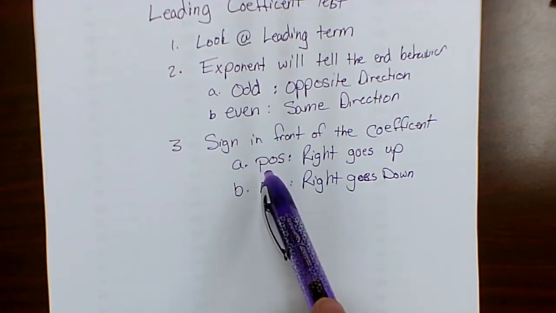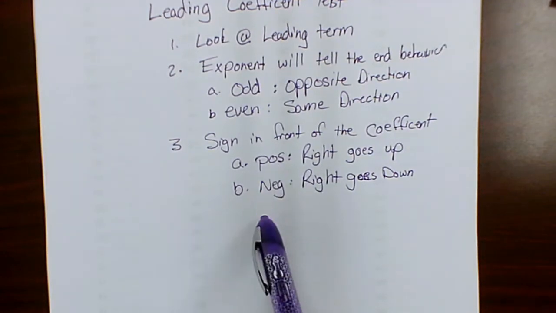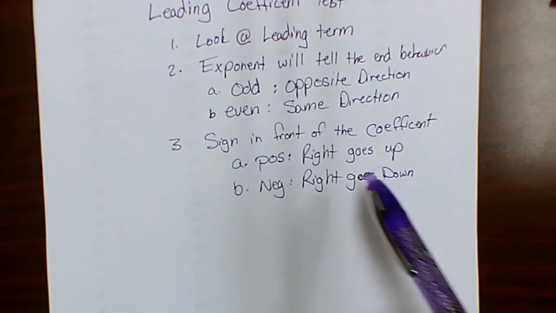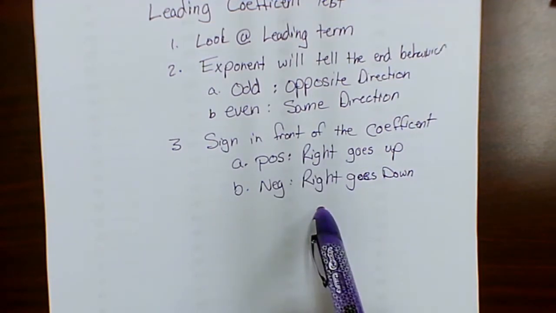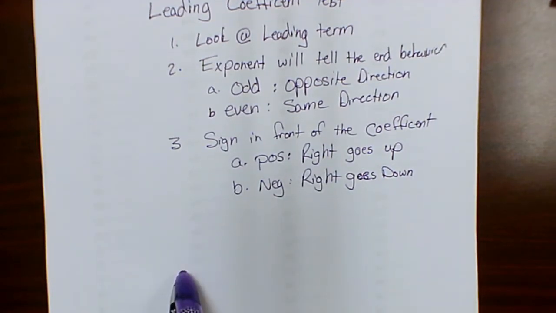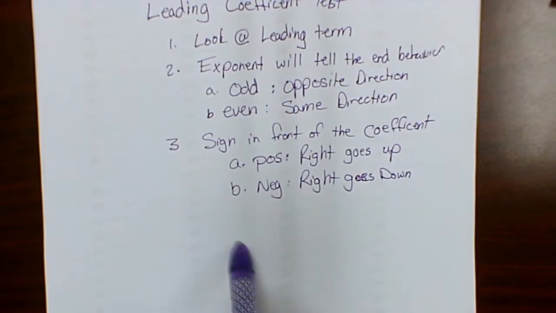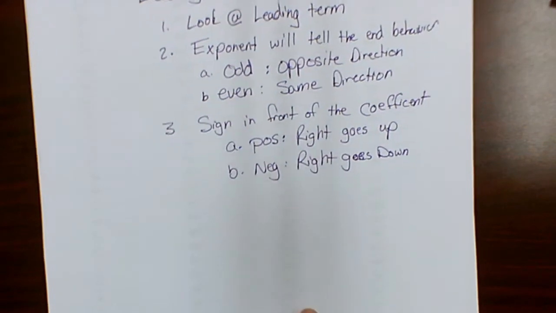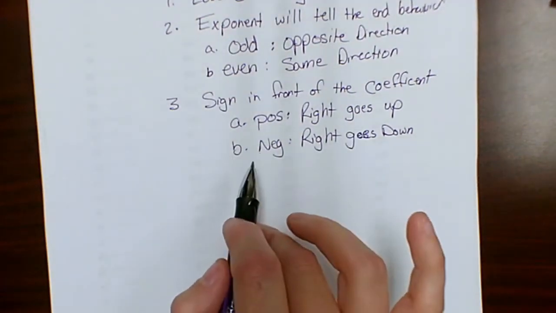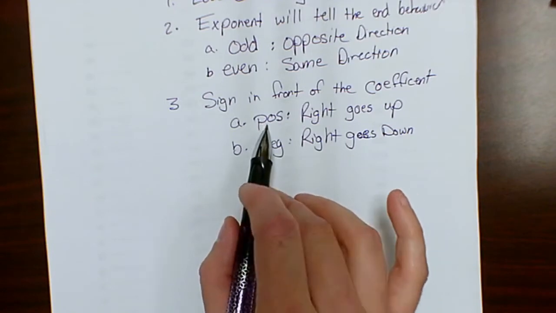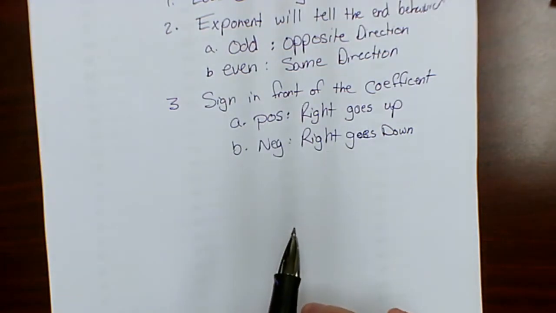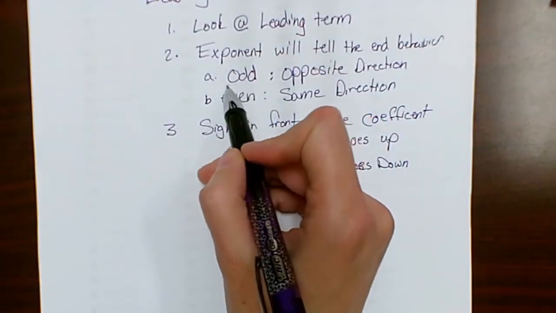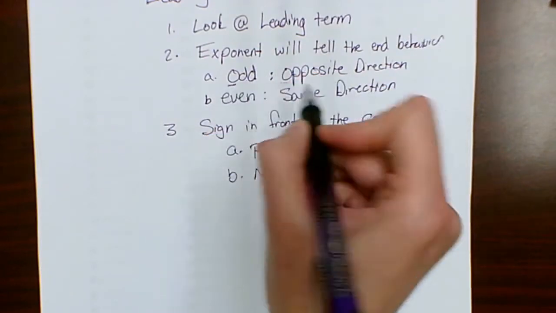You can think of the positive and negative as a reflection in the graph. We always look at the right side because the left depends on whether you go the same or opposite direction. It's harder to think that way on the left side, but the right side has a direct correlation: the positive goes up, the negative goes down. And I think of odd as opposite, and even as the same.